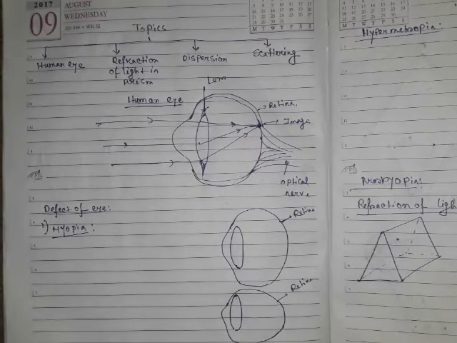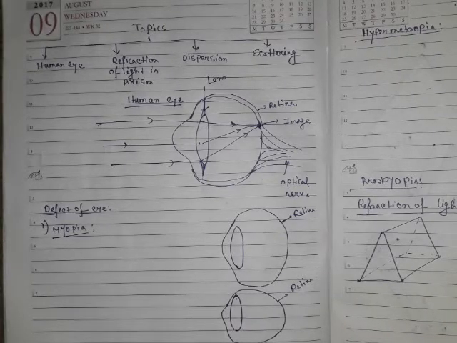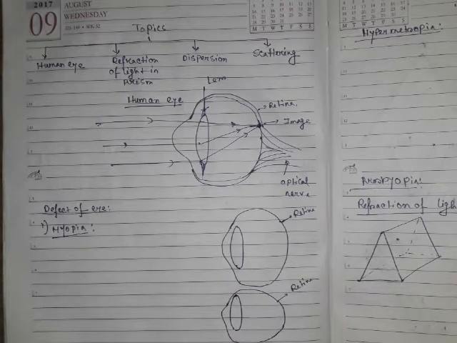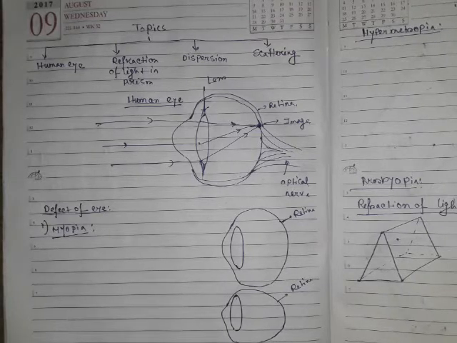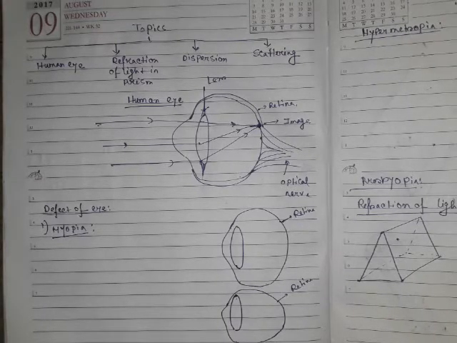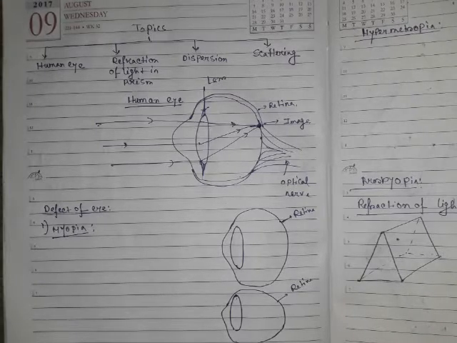So that's how the ciliary muscle changes the focal length of the lens of the human eye. This modification in focal length helps us to see distant objects, and sometimes when the object is placed very close to our eye. These two different things happen in two different conditions.